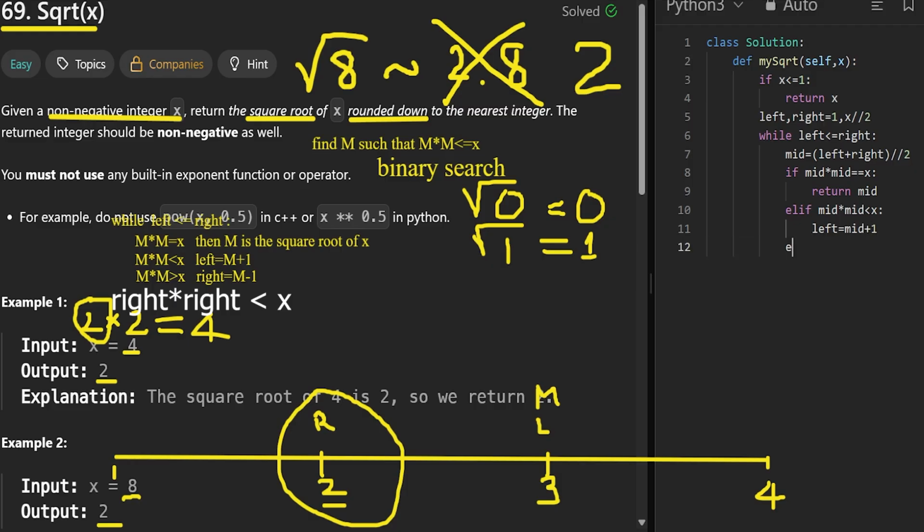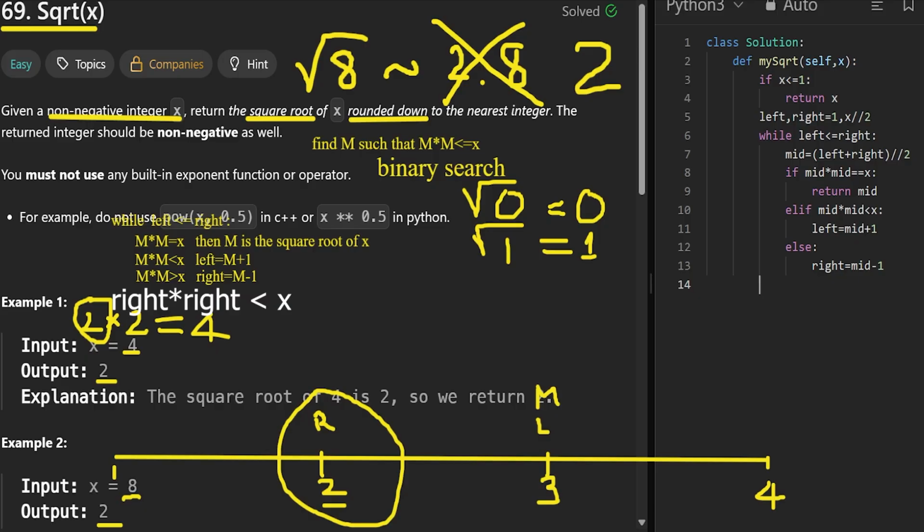Similarly, if greater than x, then that middle is not a good candidate. The correct square root must be on the left of the right boundary. So move the right boundary to middle minus 1. Repeat the above operations as long as the left boundary and the right boundary do not cross each other.